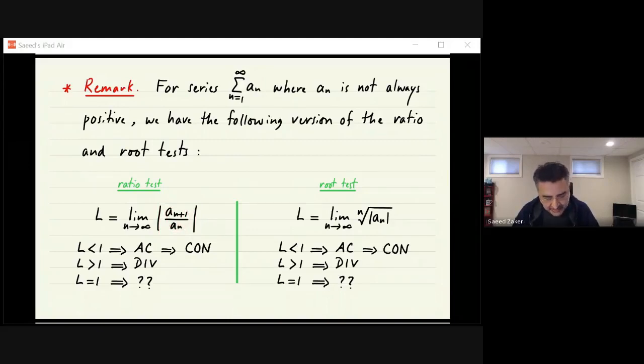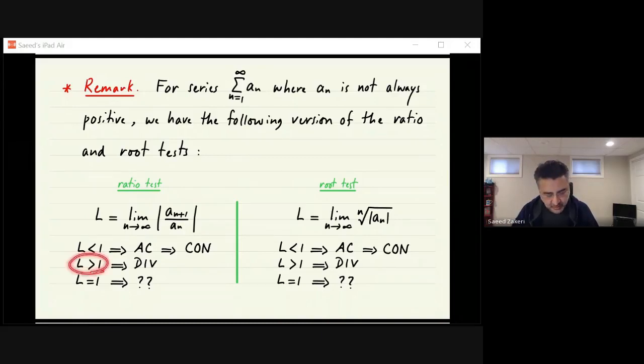And now I take the limit of this, I call it L. In other words, I'm applying the ratio test not to sigma an, but to sigma absolute value of an. And what comes out of the ratio test in this case is that if this L is less than 1, my series is absolutely convergent and therefore convergent. So I'm in good shape, just like the regular ratio test.